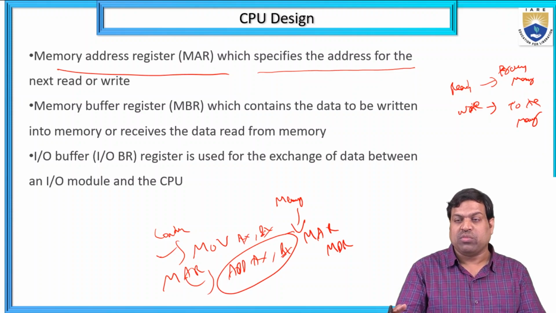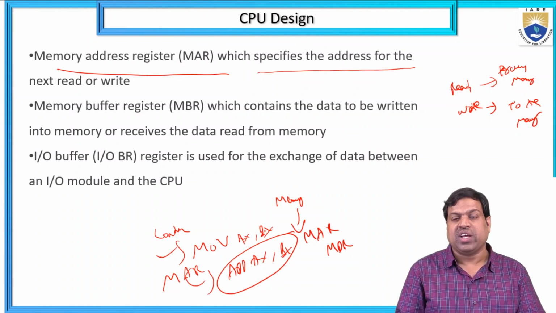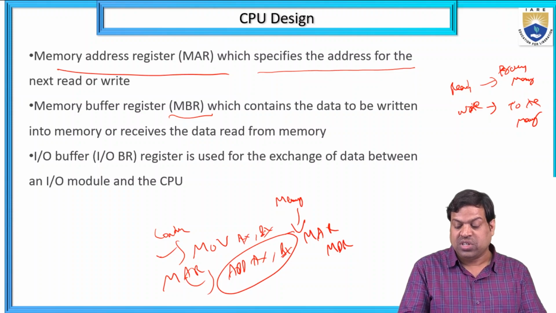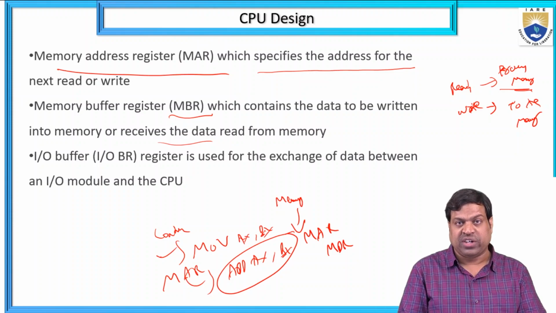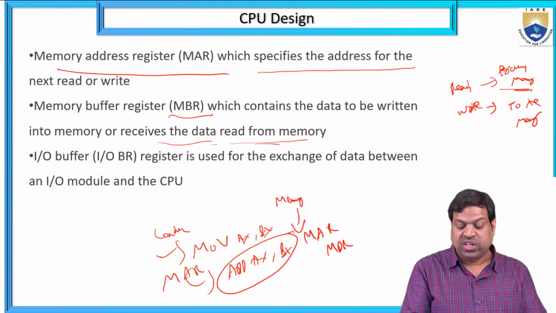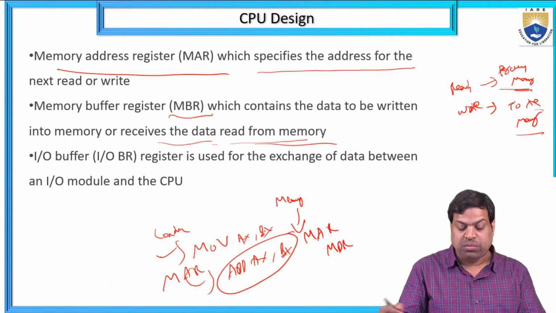Read means I'm reading the information from the memory. So whether it is a reading or writing operation depends on your MAR and MBR, the memory buffer register. It receives the data, meaning read from memory.